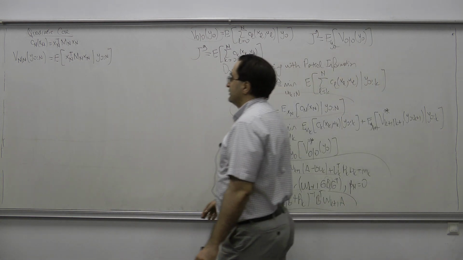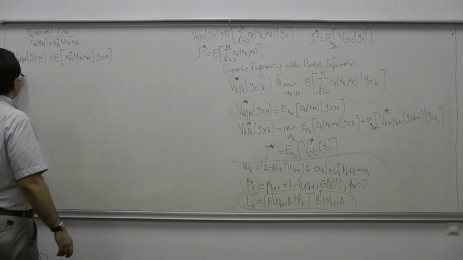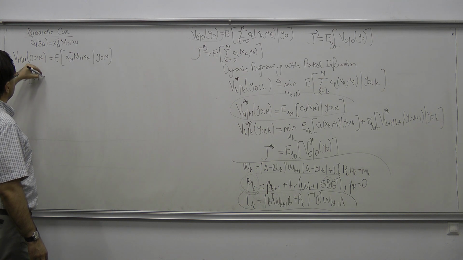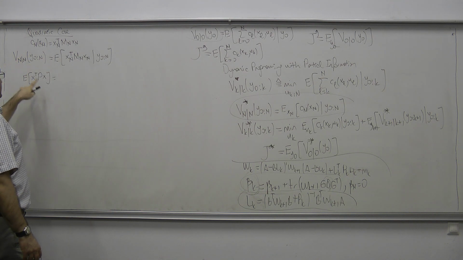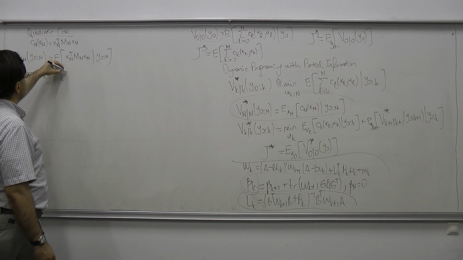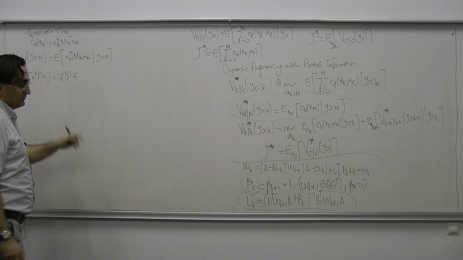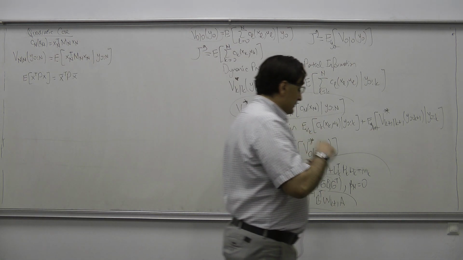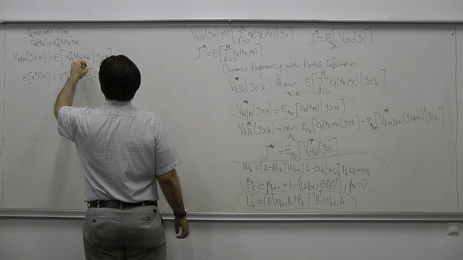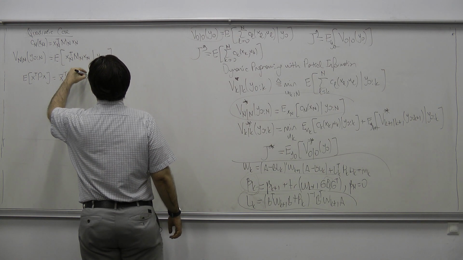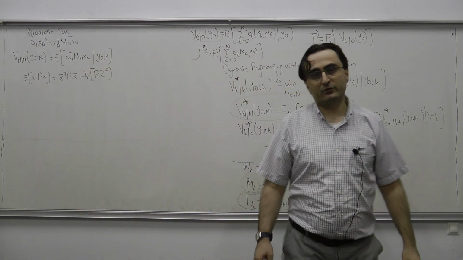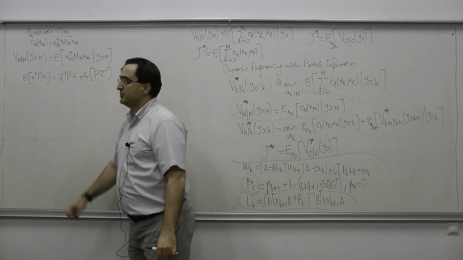We have seen such an expectation rule in the past. So if I try to take the expectation of x transpose Px, then such an expectation can be taken as x bar transpose P x bar. I have just asked this in the quiz today. So I have here plus trace of P times Sigma, where Sigma is the covariance of x and x bar is the mean of x.